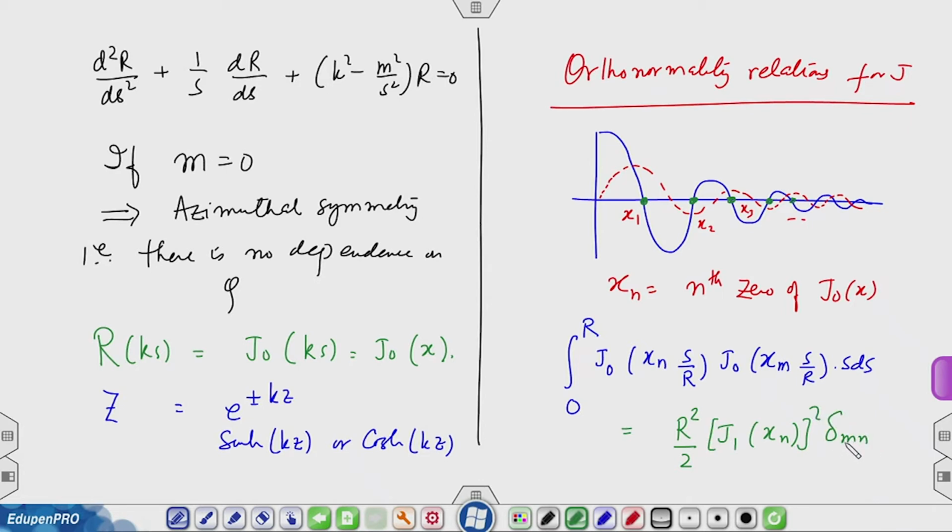So, orthogonality of Bessel functions is a little different from other functions. The function J0 itself is orthogonal to J0 if the arguments are scaled by its zeros, different zeros. If m and n are the same, then the integral is non-zero and its value is R²/2 J1(xn)². Let us understand this.